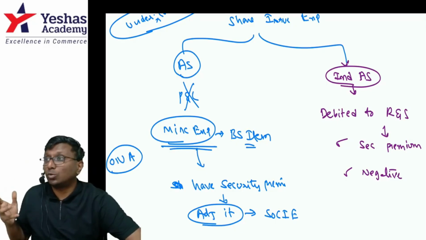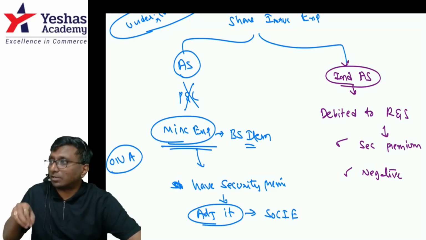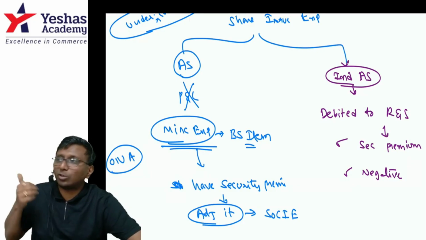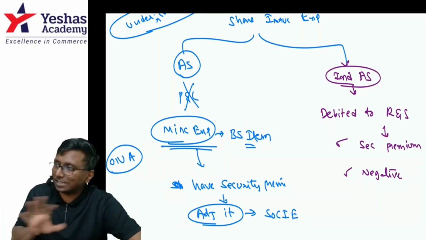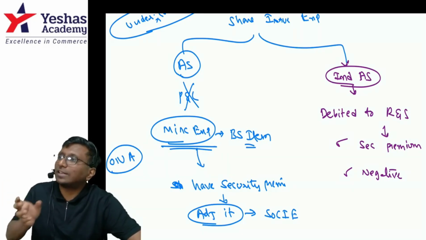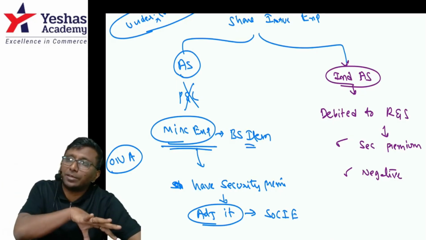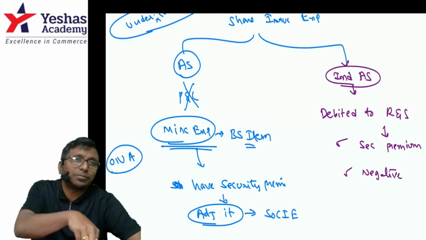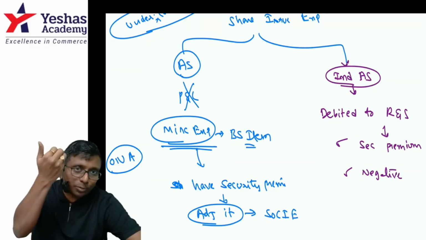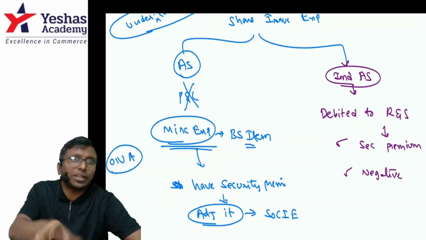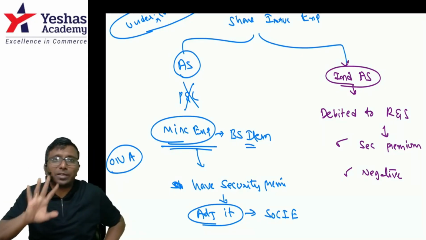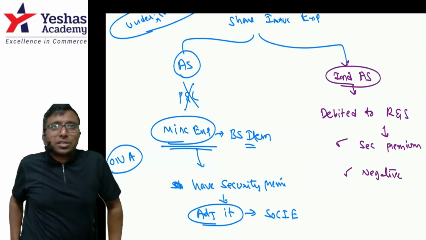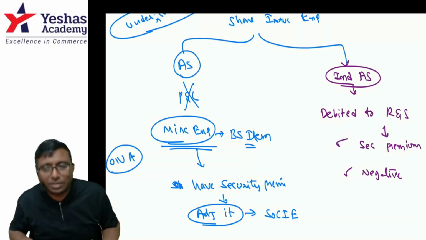It is related to share capital. I don't want to put it in the profit and loss statement under any circumstance. It can be adjusted with another capital element. Security premium is also a capital element. From there, you reduce it. If security premium is not there, at least show negative, but don't take it to P&L. That is a very clear instruction from IND AS 109.